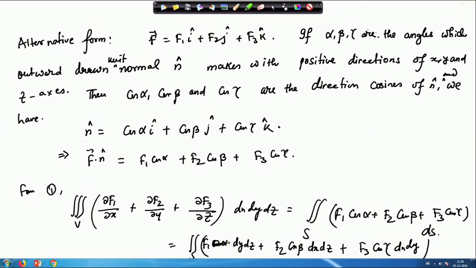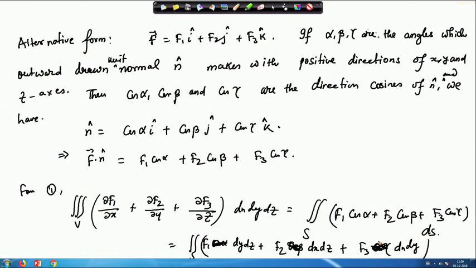When we multiply cos alpha by ds, we are basically taking dy dz, then this one is our dx dz, and this one is our dx dy. So, there was a small mistake in that formula. It has to be f1 dy dz, f2 dx dz, and f3 dx dy. That is a small correction in our previous formula, so just make sure you do that.